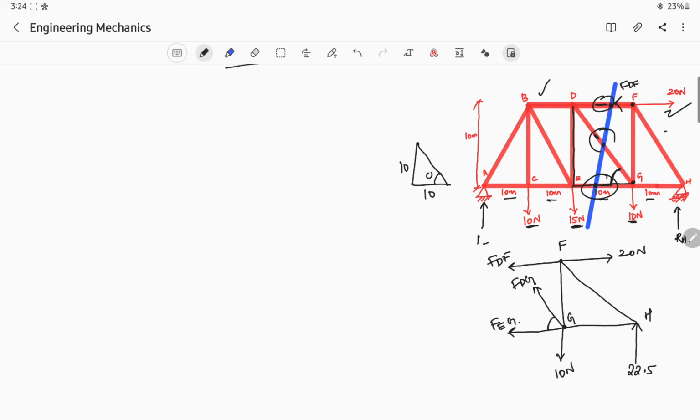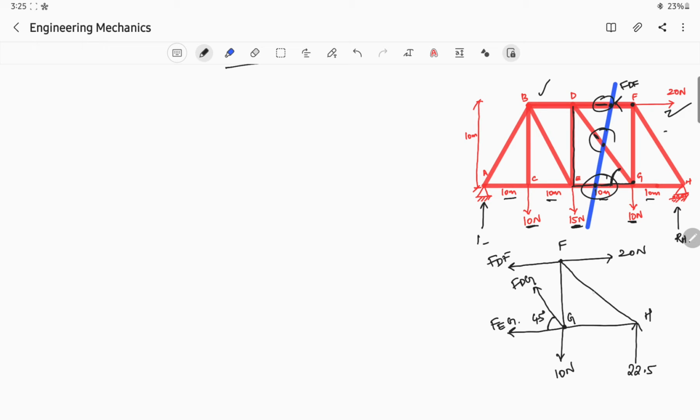If this is theta, then tan theta is equal to 10 by 10, which is equal to 1. So theta is equal to tan inverse of 1, which is equal to 45 degrees. This is how we got the value of this angle as 45 degrees. You can copy this one. So these are the forces we have to calculate.